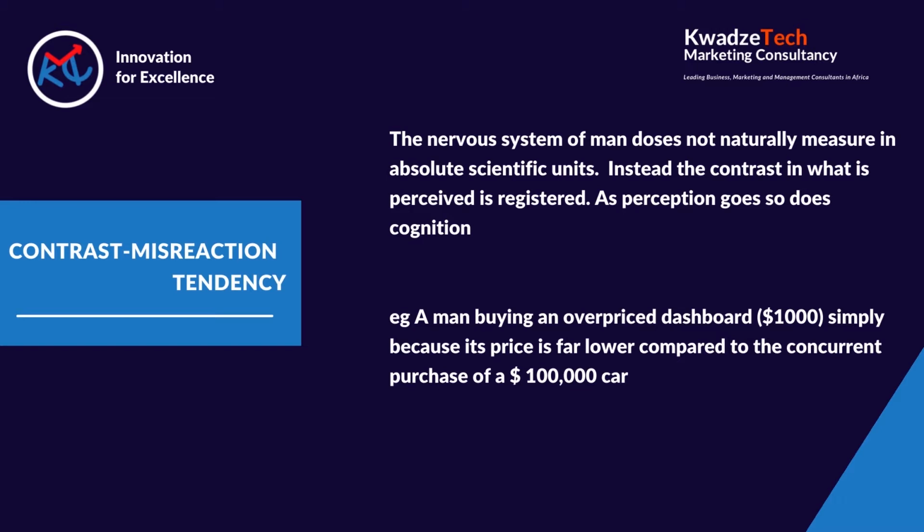Let me take the example of somebody buying an overpriced dashboard which costs, say, $1,000 simply because the price is being compared to a concurrent purchase of a $100,000 car. So what the salesperson does is he will make you feel timid of yourself. He can ask you, you are able to purchase a $100,000 car and you cannot purchase a dashboard of $1,000?